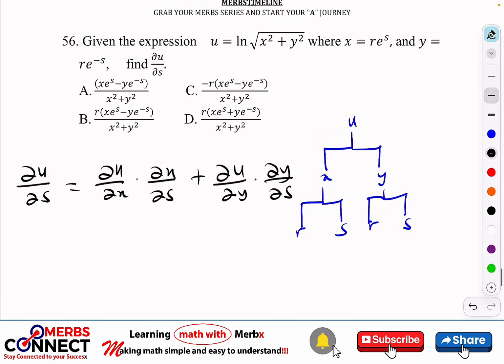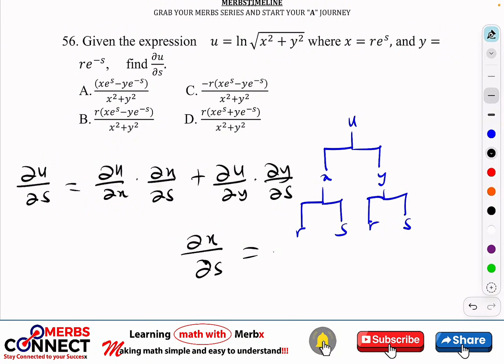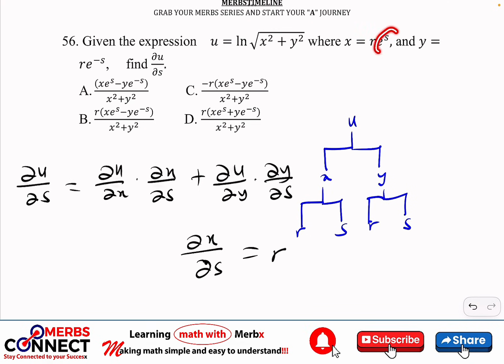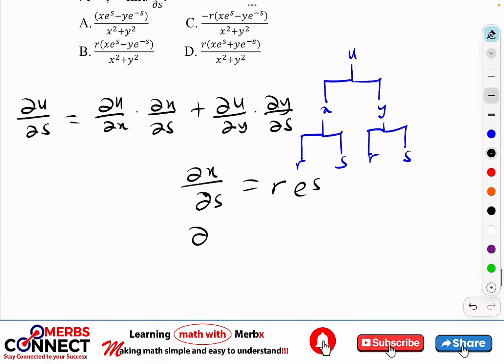So let's try and differentiate because I think the function is in its simplest term. Since we need x with respect to s, the partial of x with respect to s is going to be, now we need to differentiate this one with respect to s. r is constant, but when I differentiate e to the power s with respect to s, I get the same thing. Partial of y with respect to s.